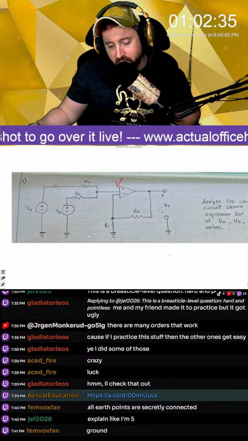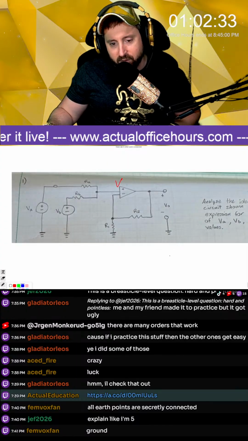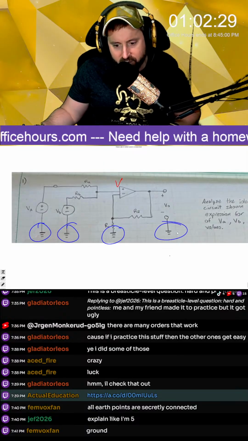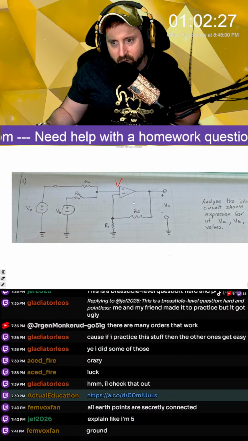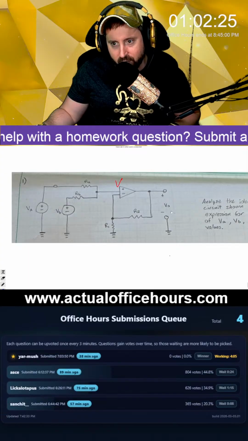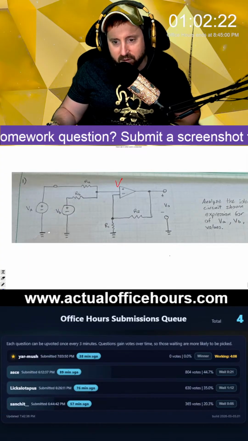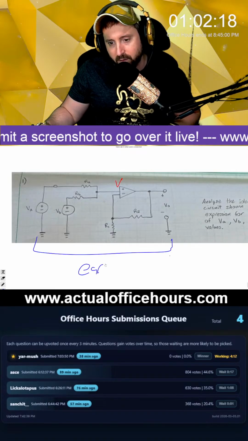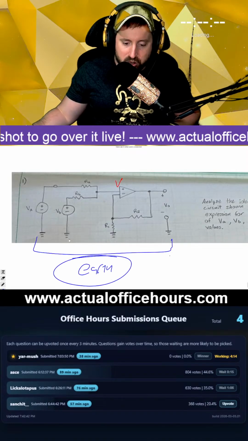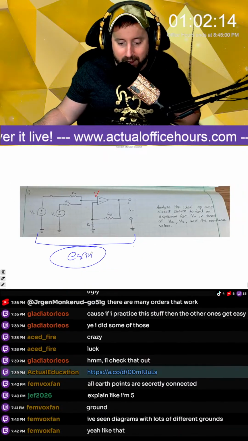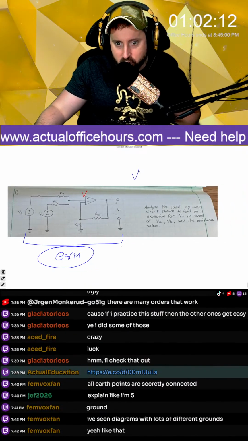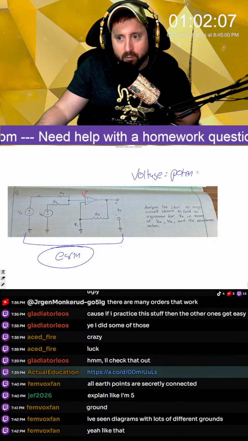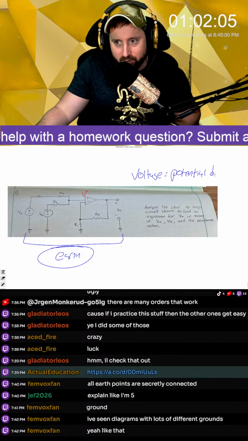This was submitted to us yesterday by JHNet, and this is an example where there's a bunch of different grounds. This circuit looks kind of discontinuous, right? But secretly, all of this is connected to what's called the earth. When you measure, voltage is always relative. Voltage is potential, or really what they should call it is potential difference.